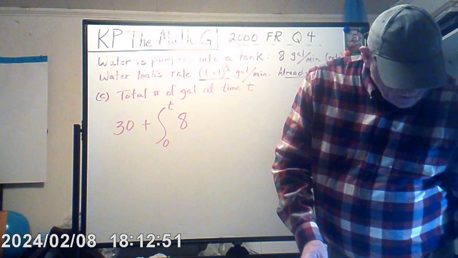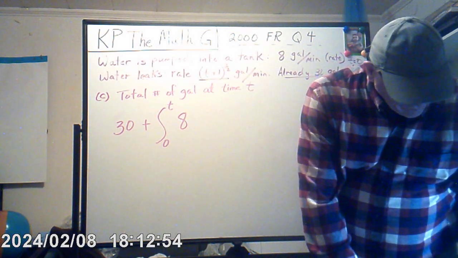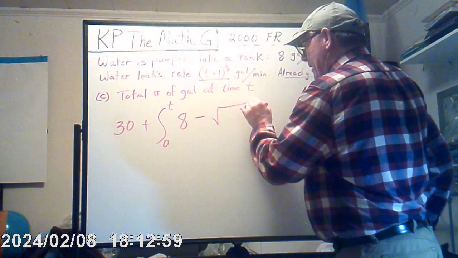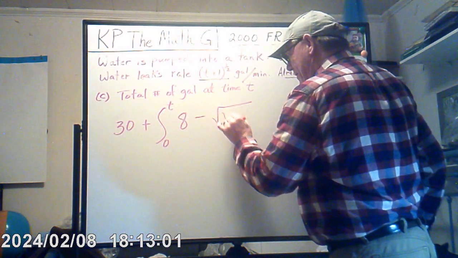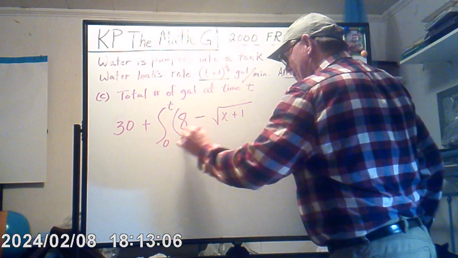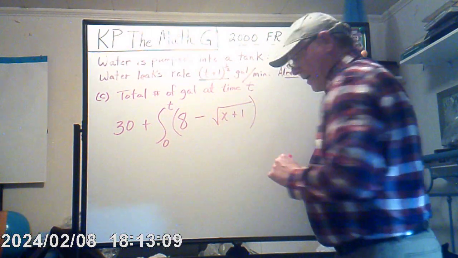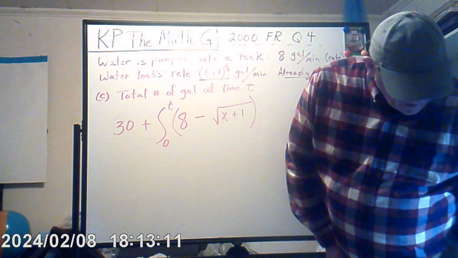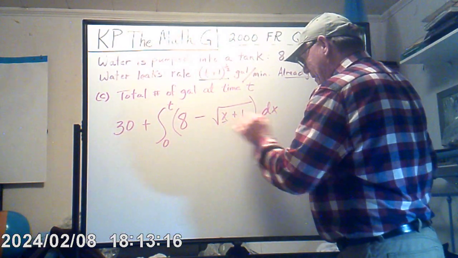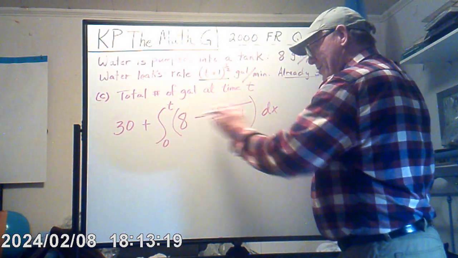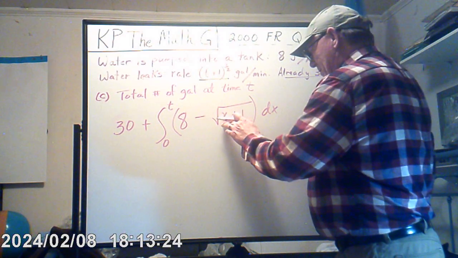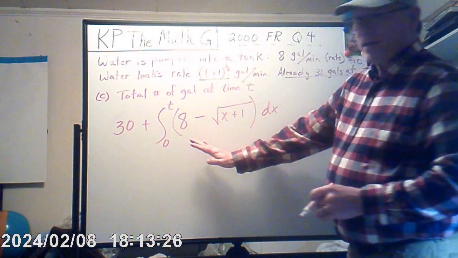All right, so minus, and instead of putting t here, since t is already here, we're going to make this x plus 1, all of that, and all of that dx. Since we have it in terms of x here, we will put dx here, but we're going to substitute t in that place. That is the general answer right here.